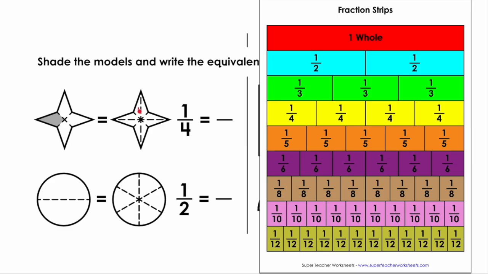So now we're going to look at our star now. We're going to count them all. We've got to count the pieces first. Denominator, 1, 2, 3, 4, 5, 6, 7, 8. 8 total pieces right there. Bada bing. Now I need to know how many to shade in.